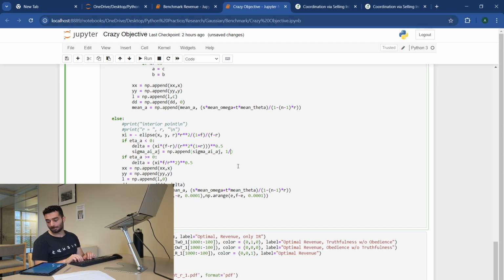1 over bar theta. Where is it? 1 over bar theta times, so 1 over n minus 1 times 1 plus r.